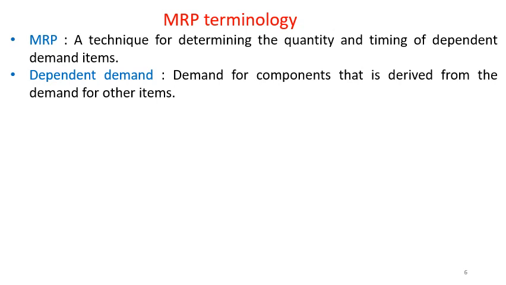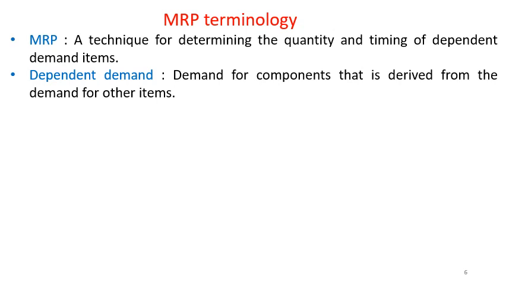Similarly, an assembled unit of, say, an automobile is a parent item, so the components that go into the final assembly will also have dependent demand based on the demand for the parent product. If the parent product gets a demand, obviously all the components that go into its final assembly will also have demand. So the demand of these components is dependent on the demand of the parent, correct? That is why we call it dependent demand of the components, derived from the demand for other items.